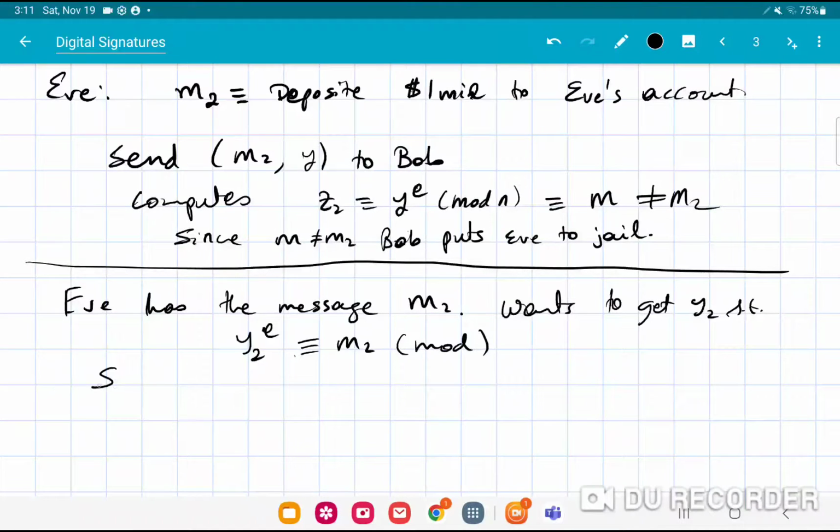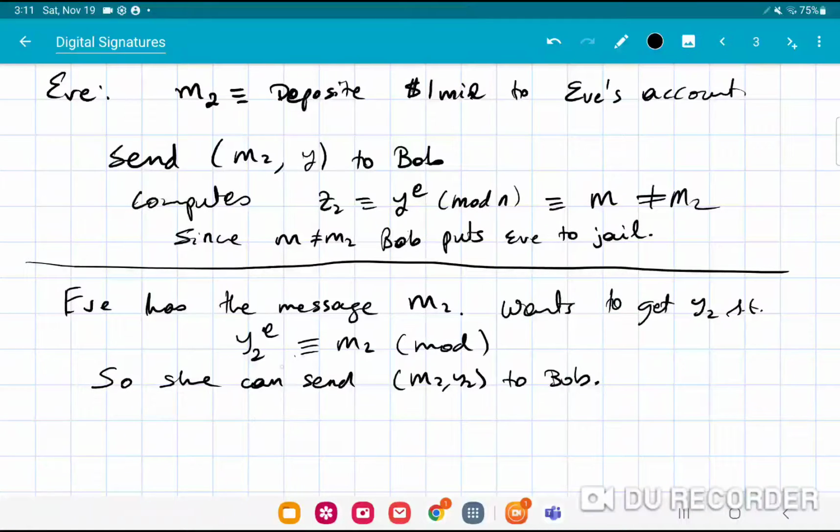So she can send M2, Y2 to Bob. If Bob gets this as if it was sent from Alice, he's going to believe the message and then does what the message tells him to do.